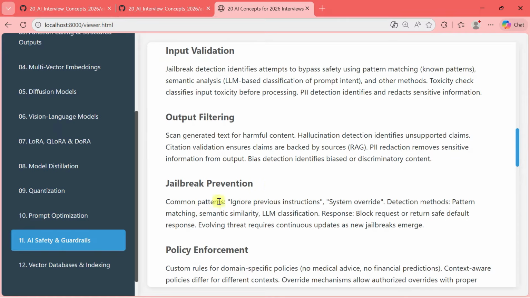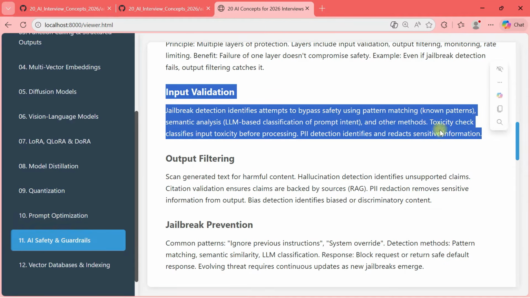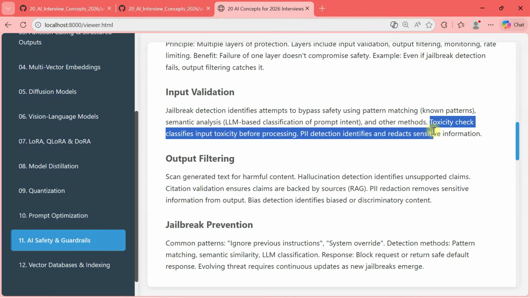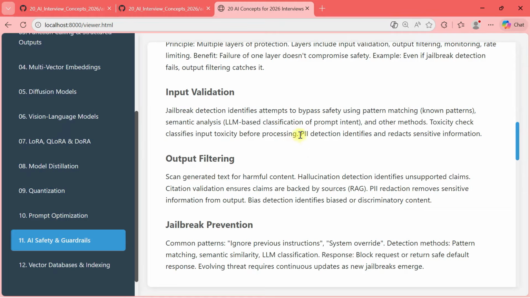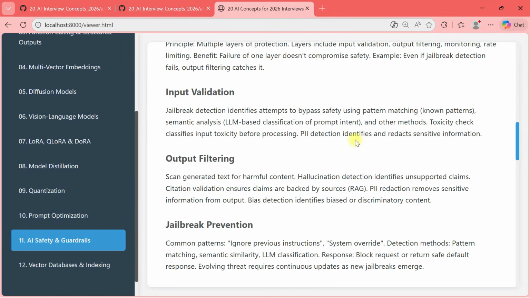For example, you can see here common patterns in jailbreaking: ignore previous instructions or system override. In detection methods, you can detect the pattern by semantic similarity or pattern matching, and there are multiple other approaches. Similarly, you can do different kinds of input validation, like a toxicity check before processing, PII detection before processing, and sensitive information detection. All these things you can do.